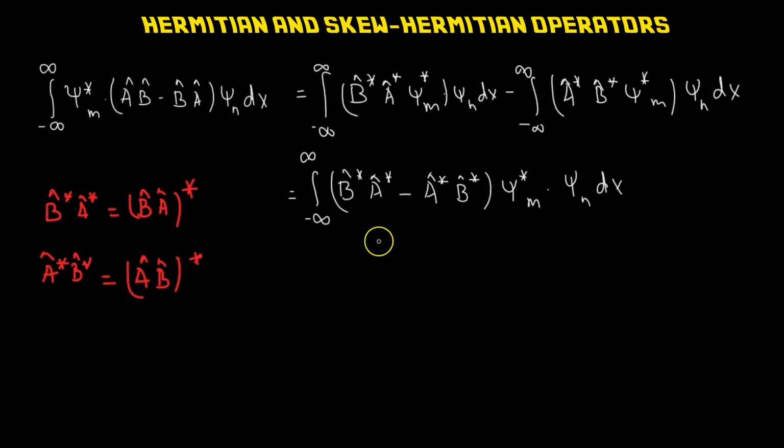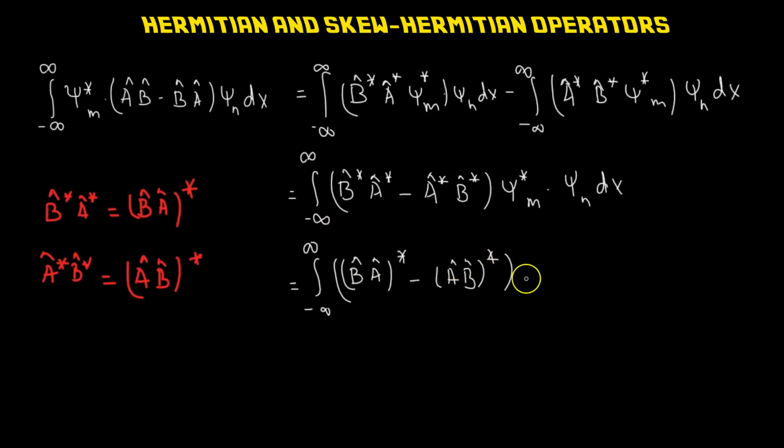Right, so let's use this. So we have the integration from negative infinity to positive infinity of BA conjugate minus AB conjugate, whole thing operating on psi star m times psi n dx.